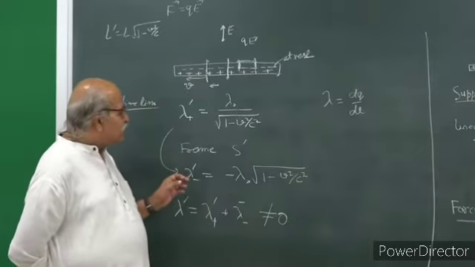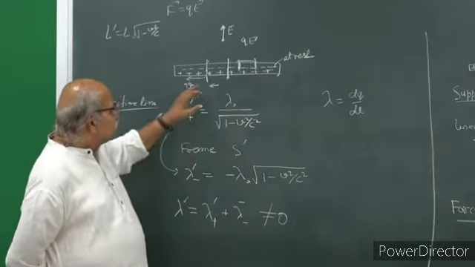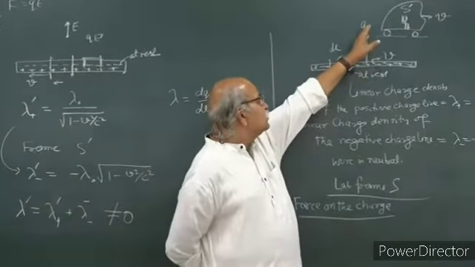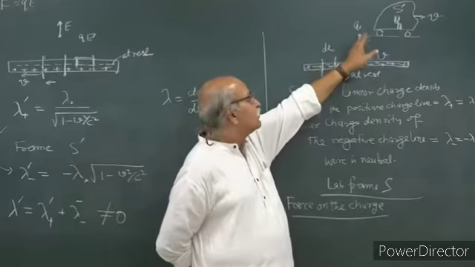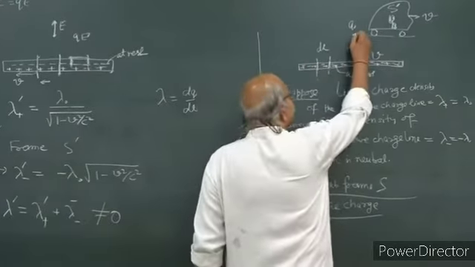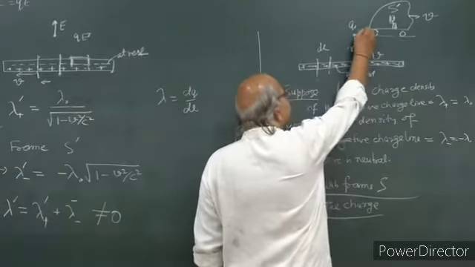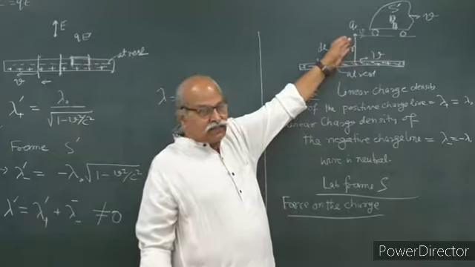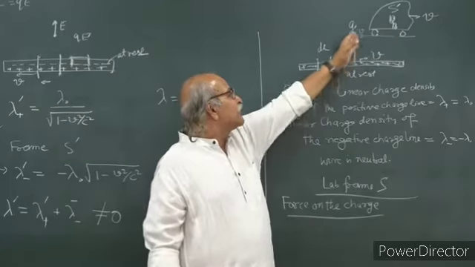And our dilemma was that if there is no electric field here, if I place a charge q here and move this charge with velocity v, then since there is no electric field here, there should be no force, we do not know about magnetic field. So, it should stay here at this separation.